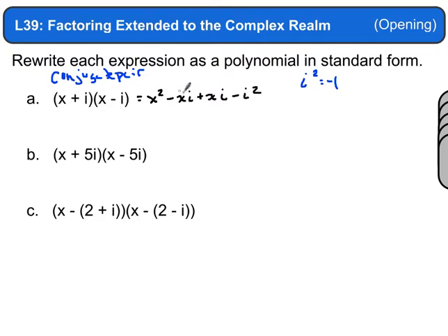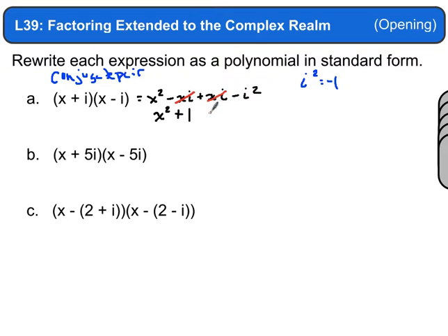Well, since this is a conjugate pair, this one and this one are going to go away, and we're going to end up getting x squared, and since this is an i squared, we get a -1, and a negative times a negative is a positive, so we get x squared plus 1.